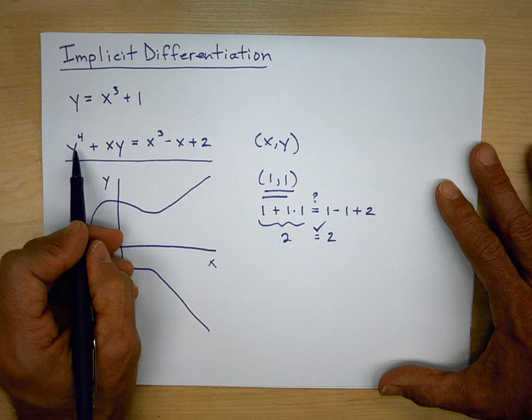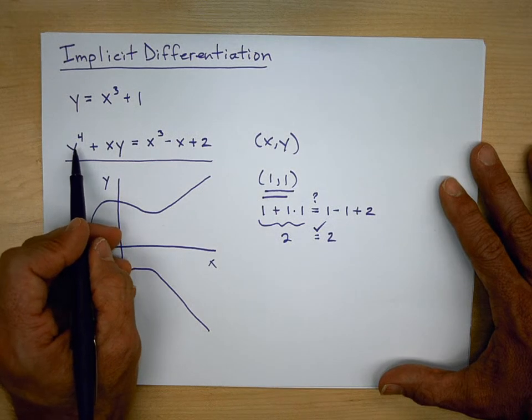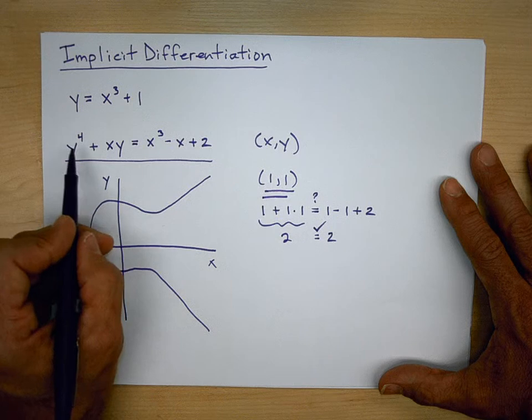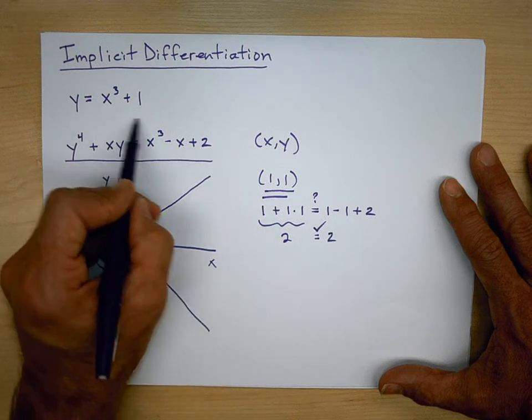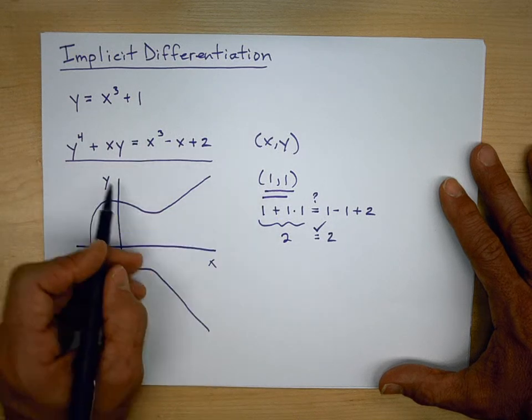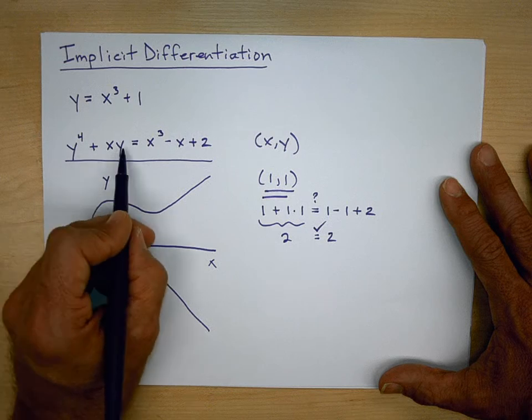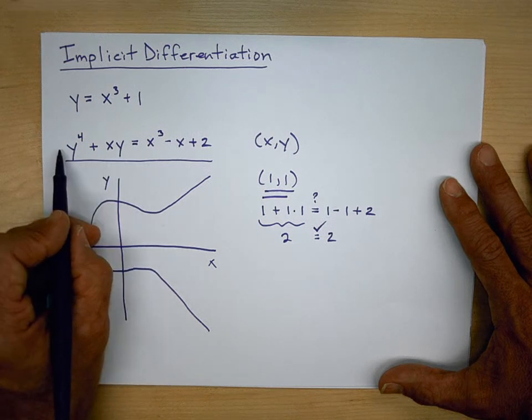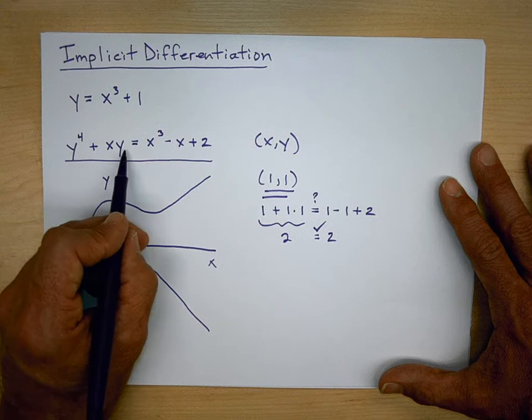But notice it would be difficult, maybe impossible, to solve for y, to have y equals and everything in terms of x on the other side. How do we get this x out of here? We could factor a y out, but we'd still be left with y cubed plus x.